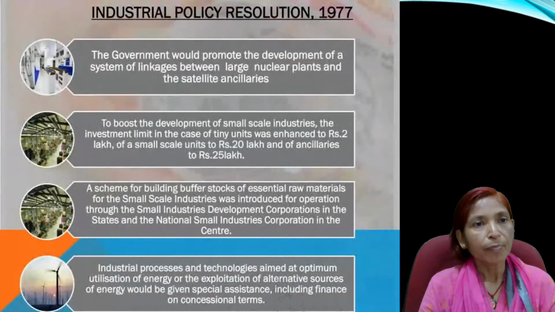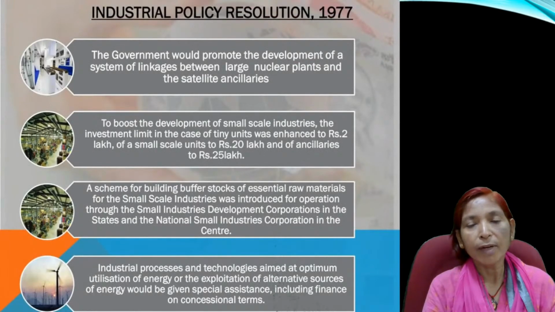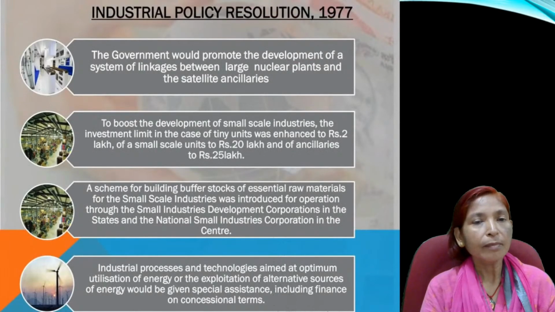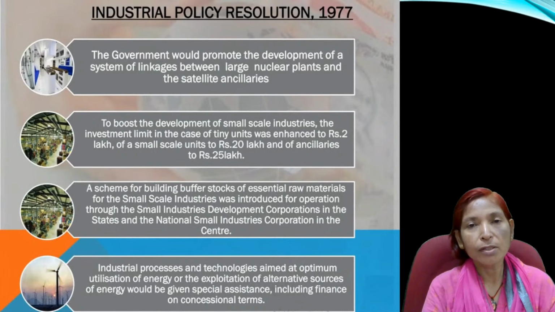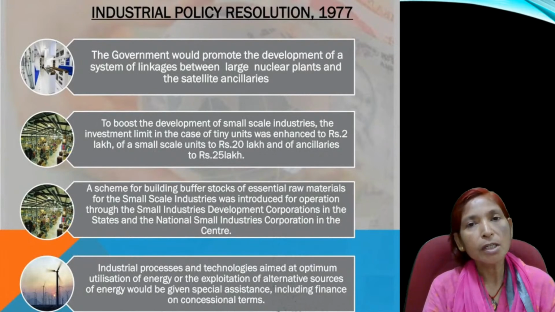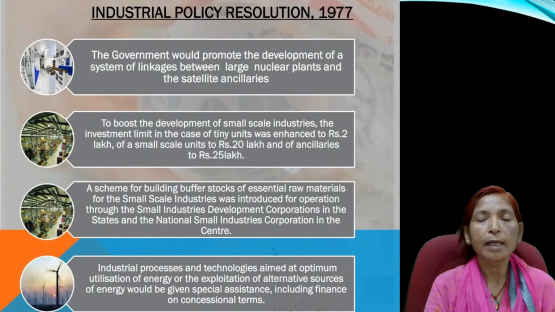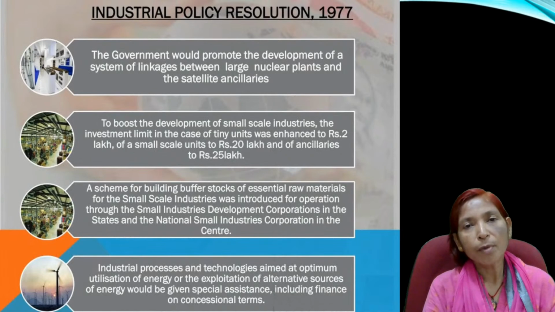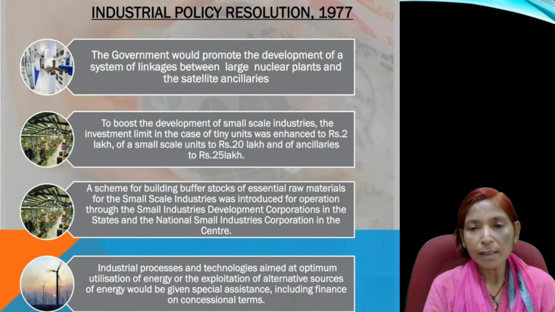Now, next is the Industrial Policy Resolution of 1977. In the 1977 Industrial Policy Resolution, the government would promote the development of a system of linkages between large nuclear plants and satellite ancillaries to boost the development of small scale industries.